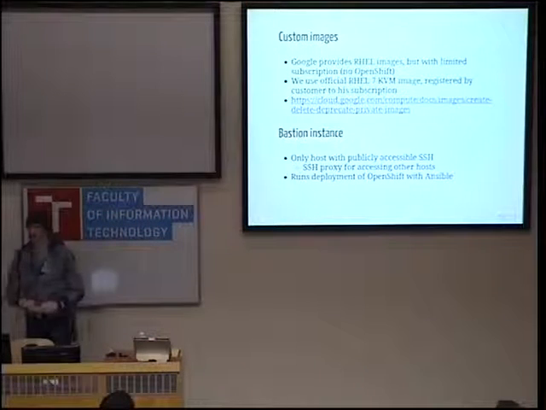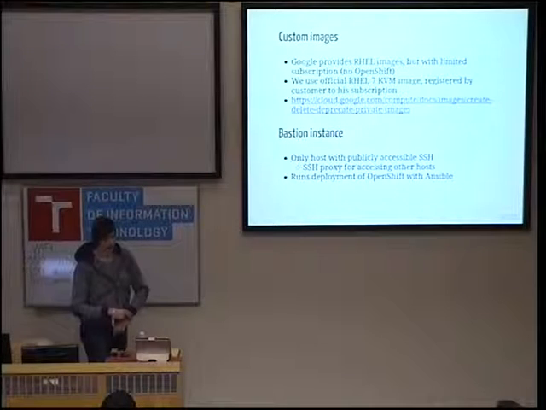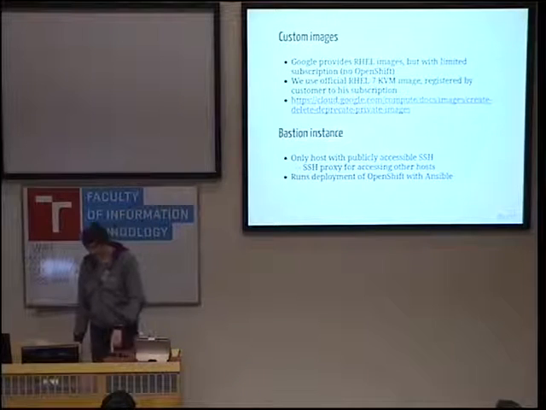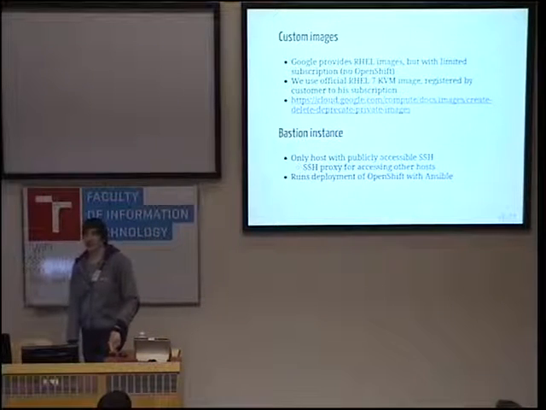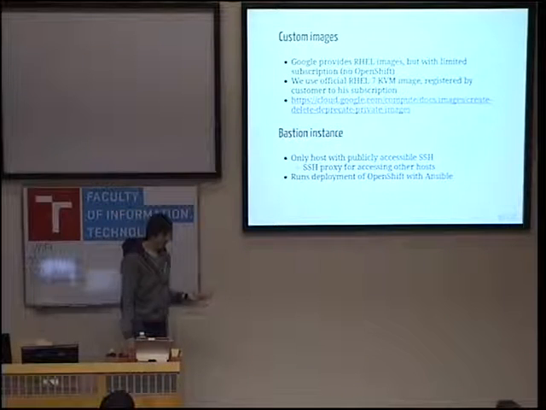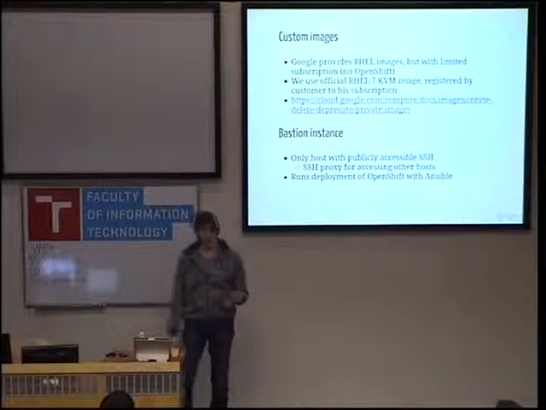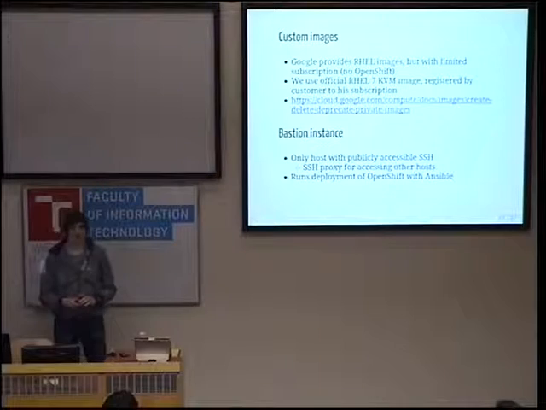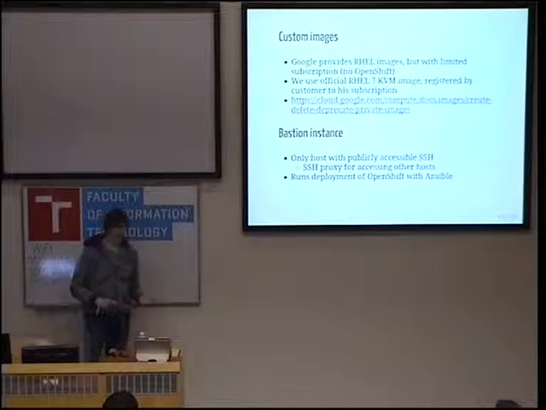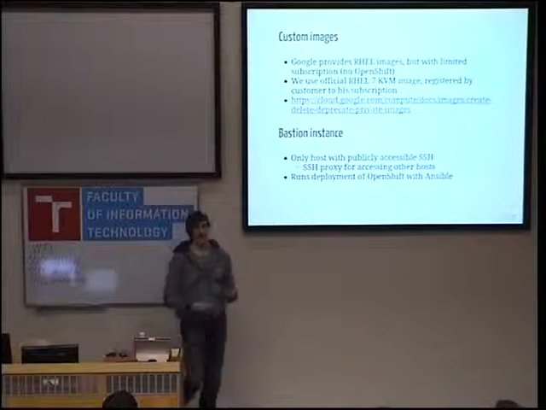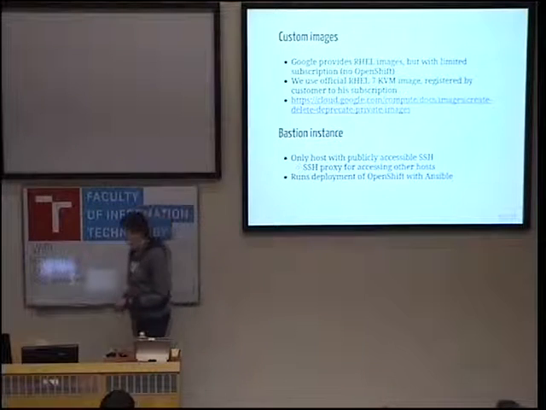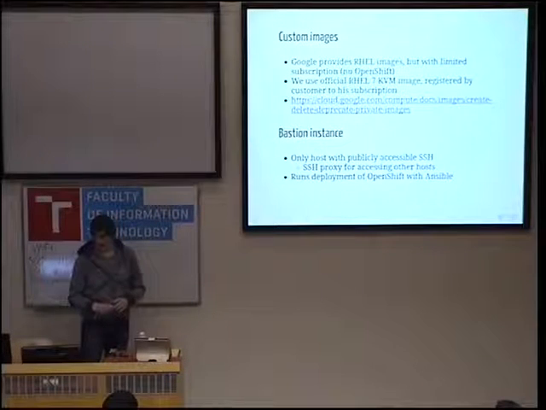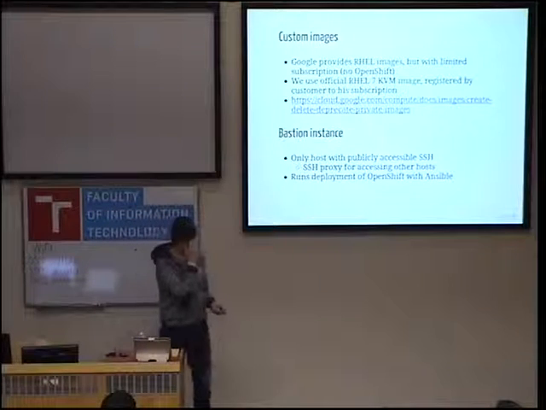One is security, so no other instance has public SSH access, and the second use case is the installation, where we can easily provide a known environment for deploying OpenShift. We could deploy OpenShift on GCP from the user's workstation, but we don't know about the Ansible version they have installed and stuff like that. So to minimize problems and use a known environment, we are doing it this way.